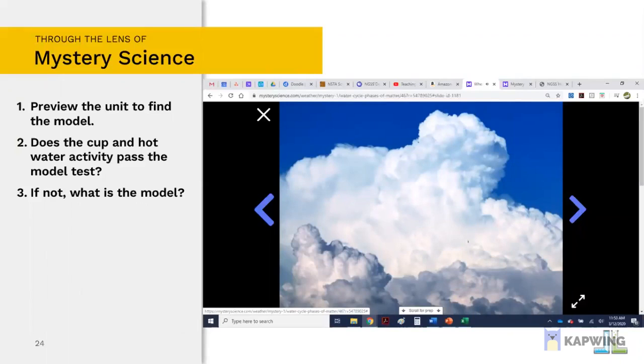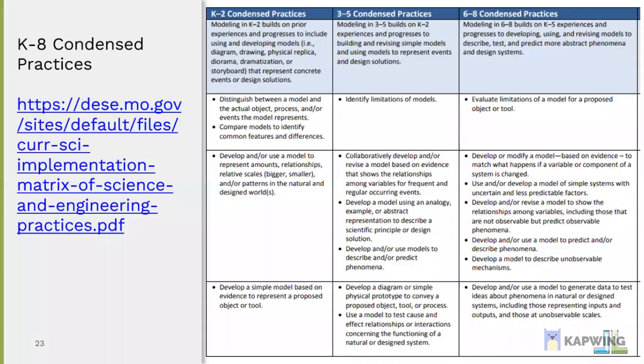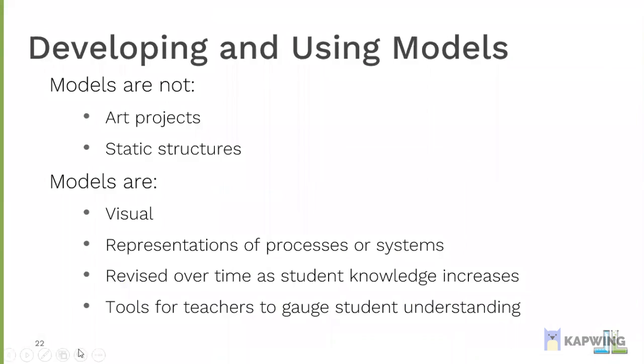So the question is, does the cup and hot water activity pass the model test? Our model test: is it visual? Pouring hot water into a cup, is that visual? Yes. Is it a representation of a process or a system? Pouring hot water into a cup, you're watching the steam rise.